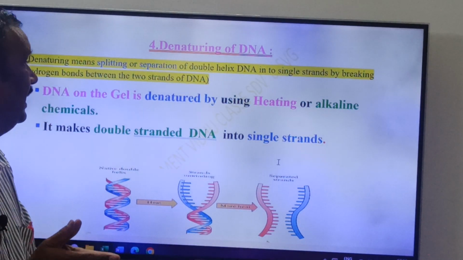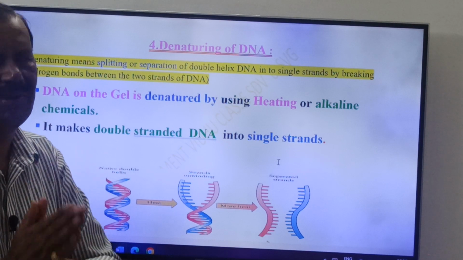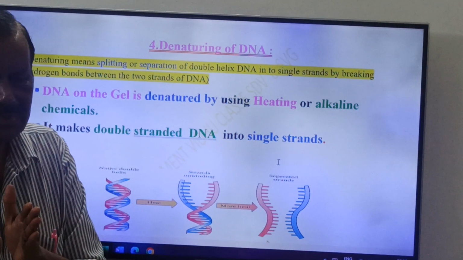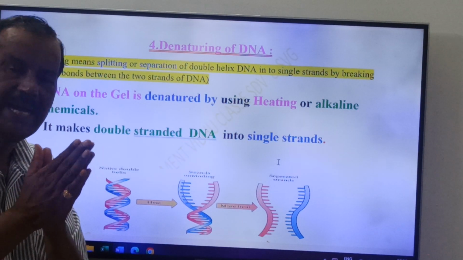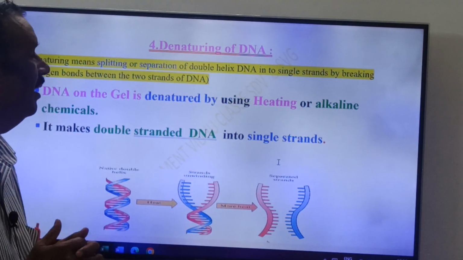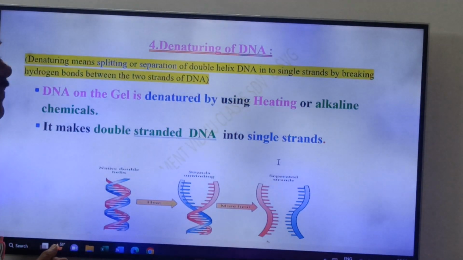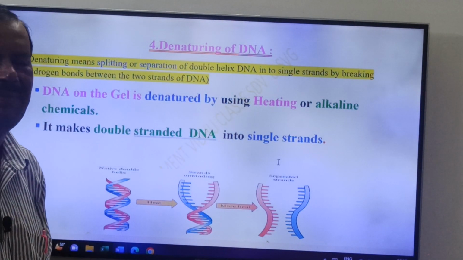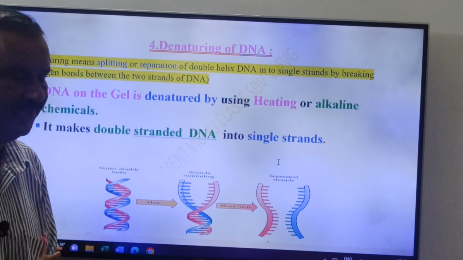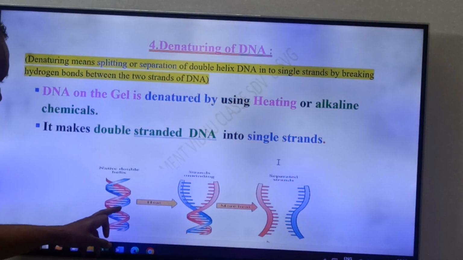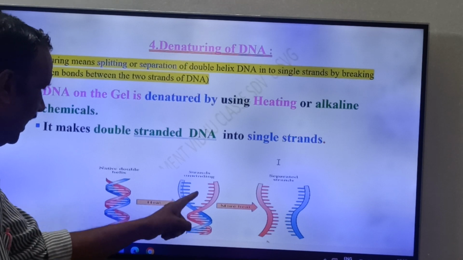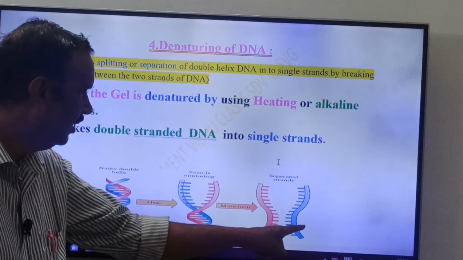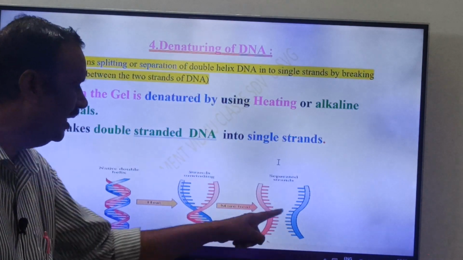Now, in DNA denaturing, they split the hydrogen bonds. When the hydrogen bonds are split by heat or alkaline chemicals, the double-stranded DNA becomes single-stranded DNA. See, this is double-stranded DNA, they are splitting hydrogen bonds, and it becomes two single-stranded DNA. This is called denaturing of DNA.